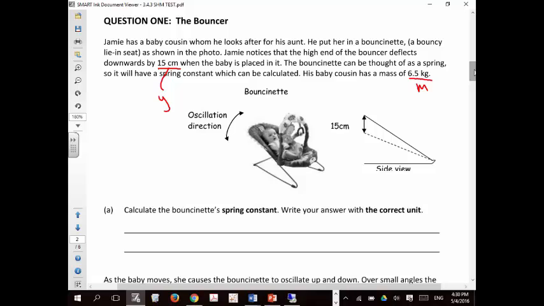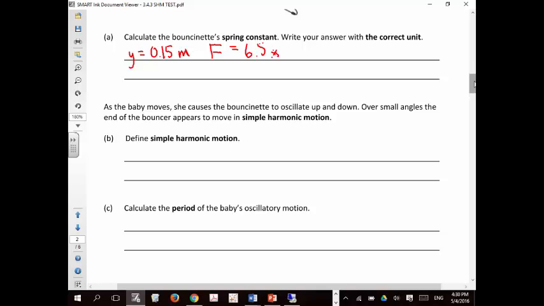Okay, so Y is going to be equal to 0.15 meters. Everything needs to be in SI units. Quite a few of you made the mistake of leaving that in centimeters. And F, the weight force, is going to be equal to 6.5 times 9.8, which is equal to, let's find out what that is.